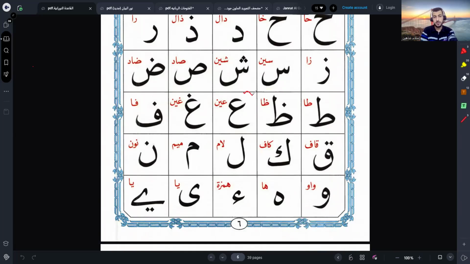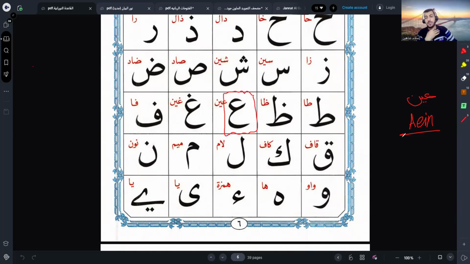First, we have this letter, which is called Ain. The sound of Ain has the same point of articulation as ha: the ha comes from the middle part of the throat, and so does Ain.